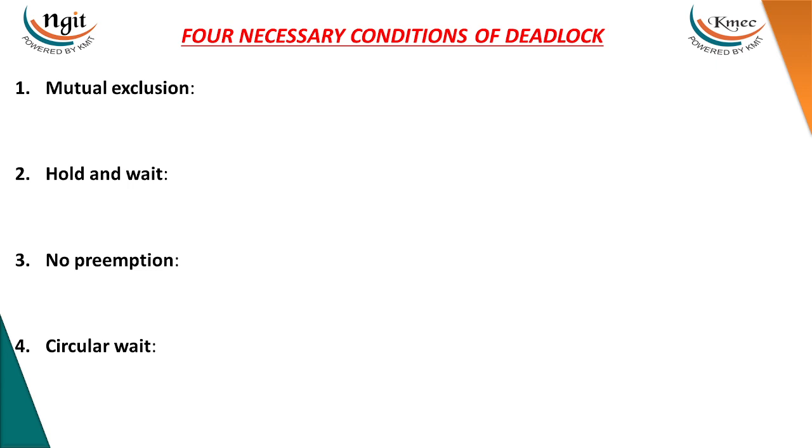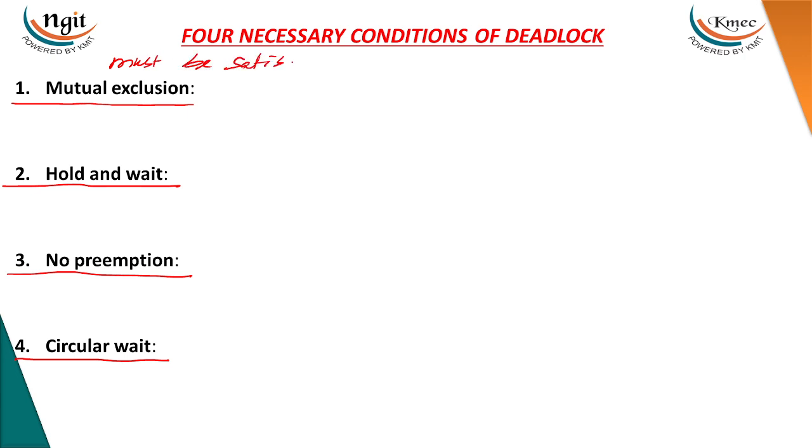Before going to how to detect a deadlock, there are conditions that have to be satisfied. There are four conditions, and all four must be satisfied. If any one of the conditions is broken, we can identify that there is no deadlock.